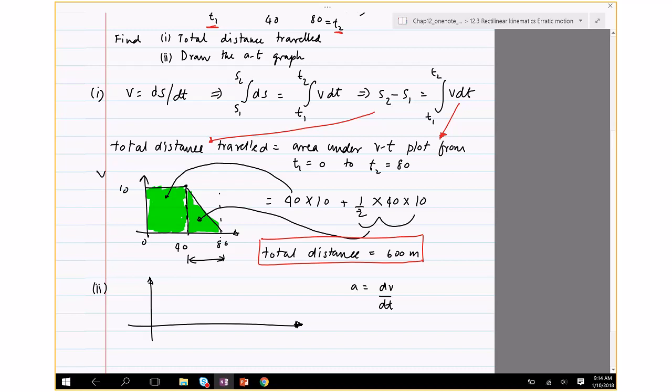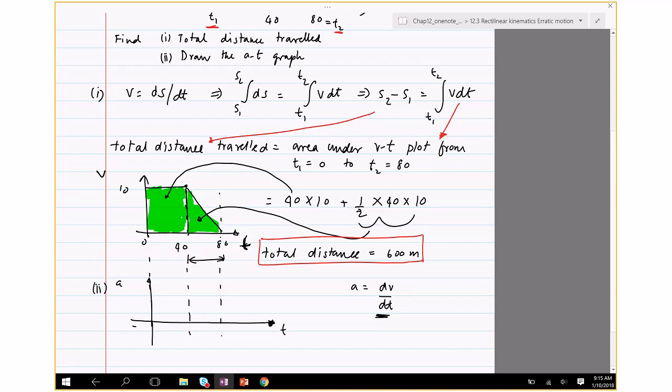This is v versus time, and this is a versus time. In order to draw the acceleration time plot, let me just draw it just below this, so it's much easier. All I need to do is look at the slope of the v-t plot, and that should give you the acceleration.